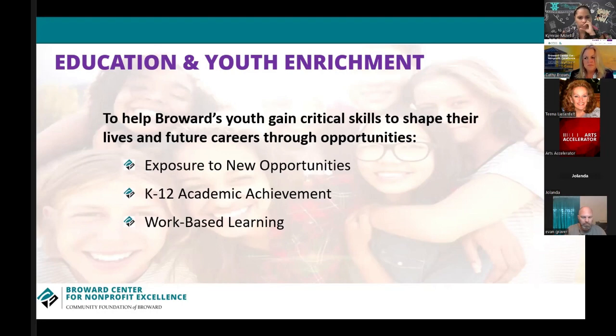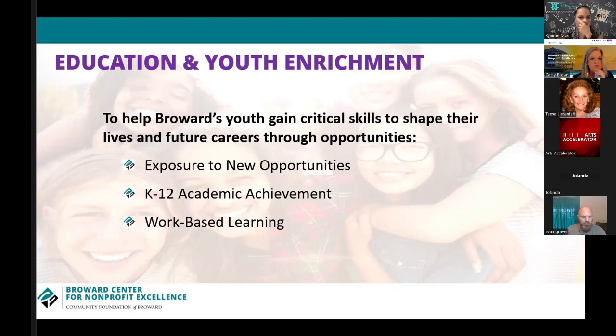I can tell you that from the past 2 years of grant making, our most popular category is exposure to new opportunities. It is for programs to take our young people on, let's say, field trips, to connect them to STEM opportunities, to connect them to opportunities that are outside of their usual normal day, where they might get a spark plug as to what they want to do with the rest of their lives.